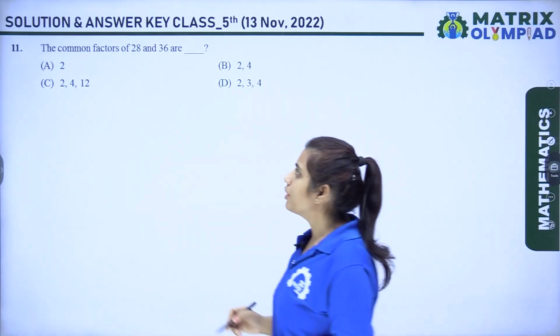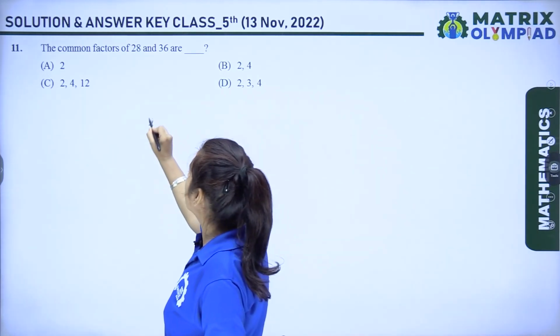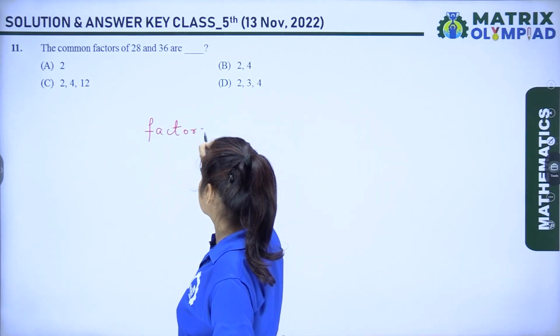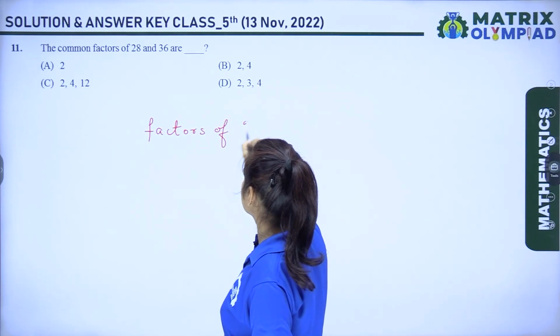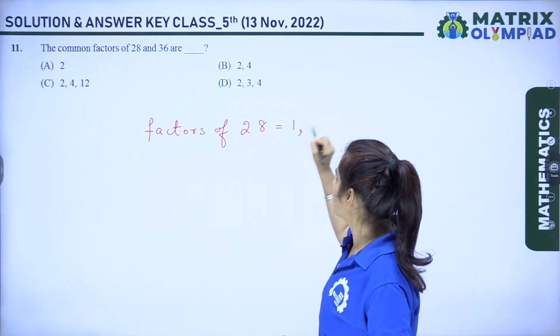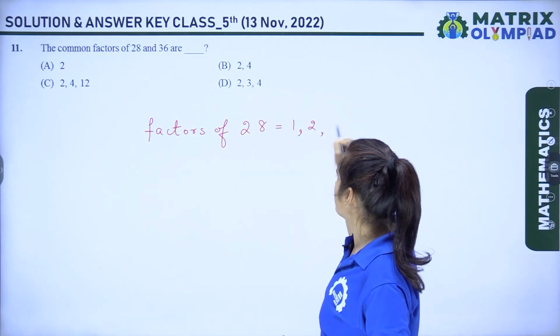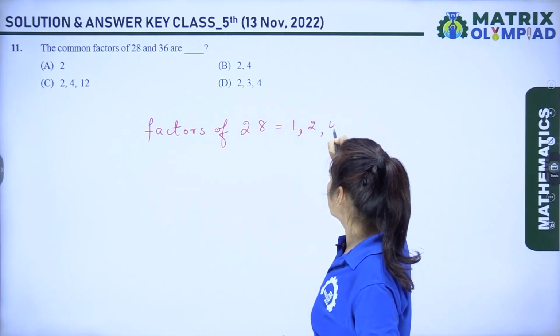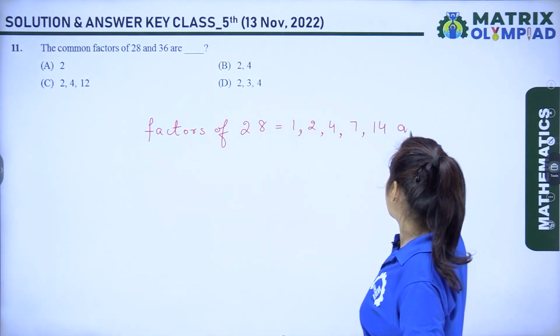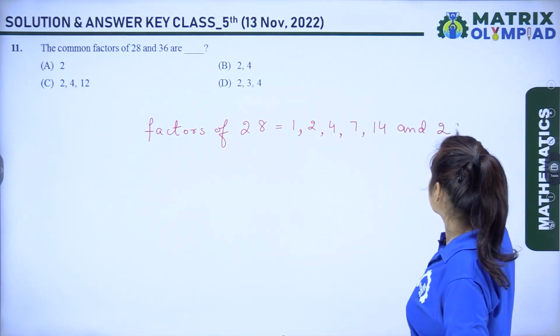So to find out the common factors, let's find out factors of 28 and 36. So here factors of 28 are 1, 2, 4, 7, 14 and 28.